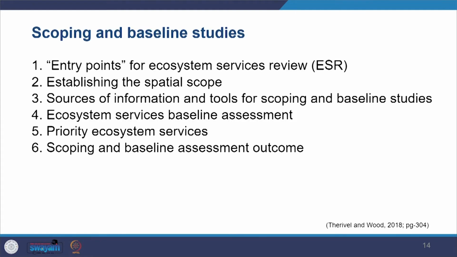Entry point means where do you start? How to establish the spatial scope. We will look at the sources of information and tools for scoping and baseline studies, how to take baseline assessment, prioritize ecosystem services, and then we'll look at how the outcomes of the study will be presented.